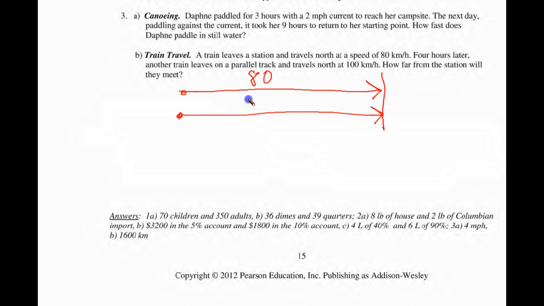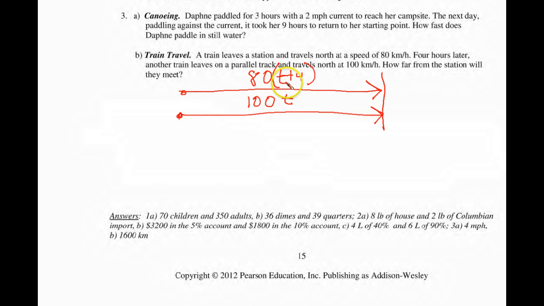The other train is traveling at 100. Now, this train that goes at 100 leaves 4 hours later. So this is going to be the time here, plus 4 hours, and then this will just be the time here. So the slower train had 4 hours extra. The faster train, we're just saying that's the time.